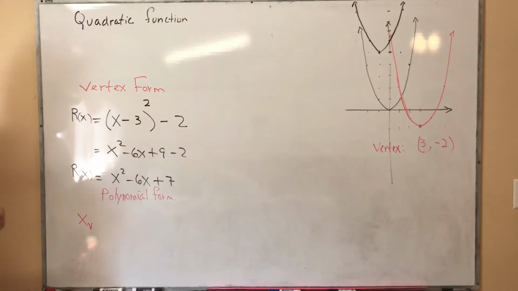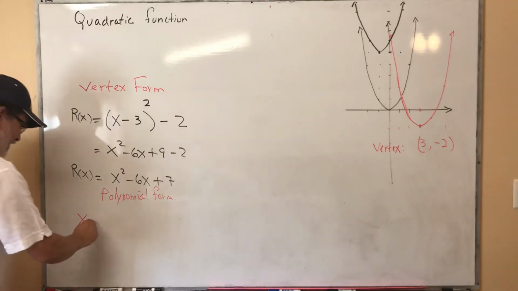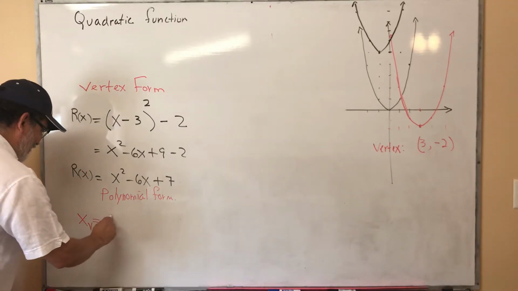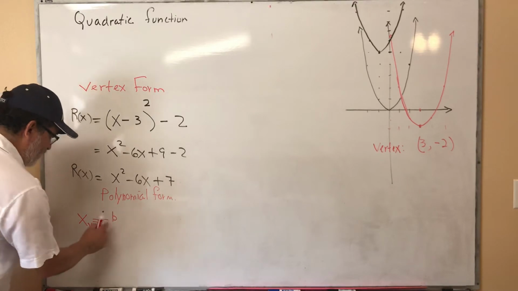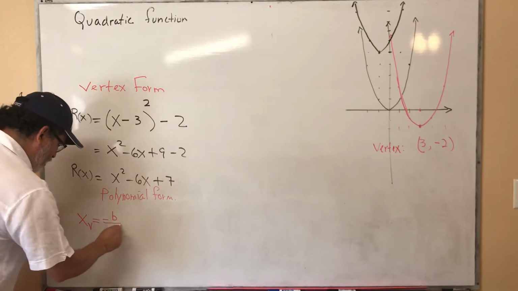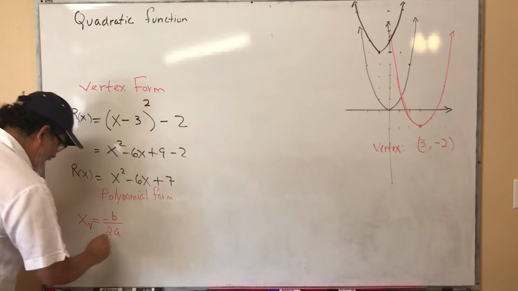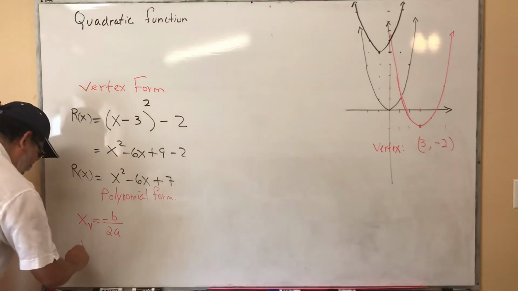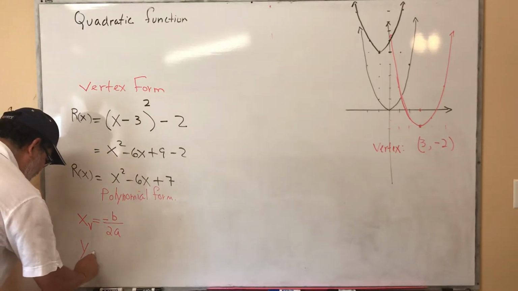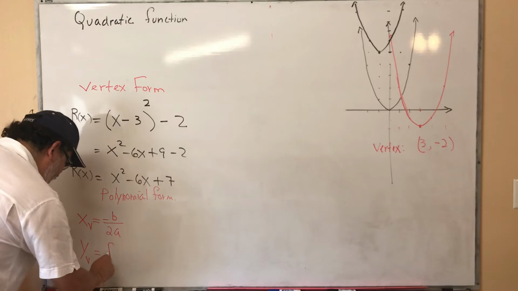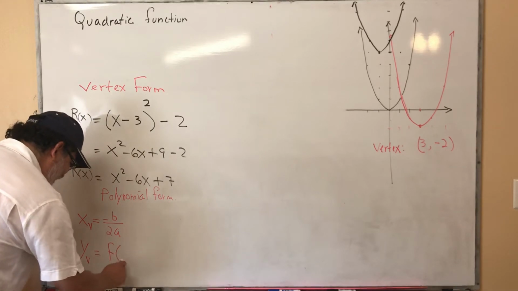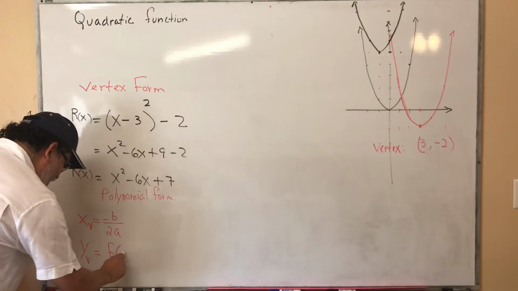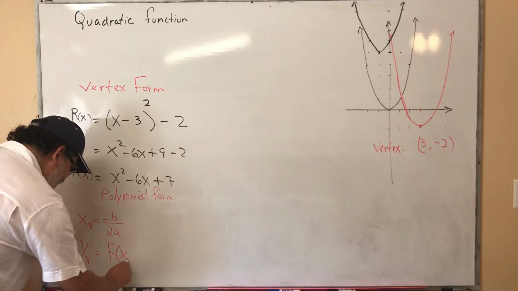X of b equals negative b over twice a. And the y-coordinate of the vertex equals the function of the x-coordinate of the vertex.